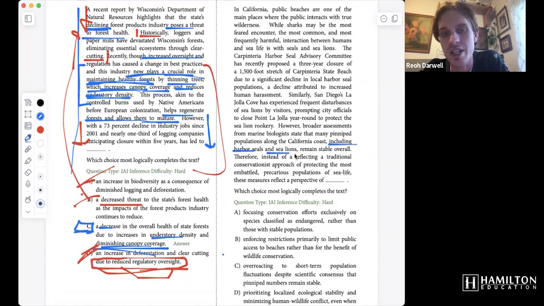Okay, so we see, typically you would do this to protect endangered species. However, these species remain stable overall. Okay, so it's not to protect endangered species. However, as a whole, there is a significant decline in local populations due to human harassment at places like Carpinteria and La Jolla Cove.